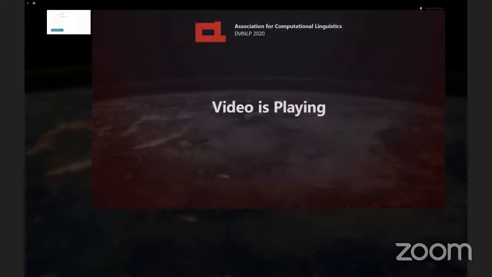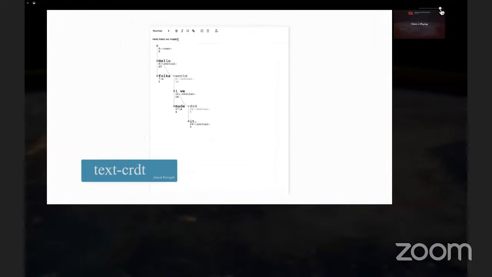There's also a lot of work going on with CRDTs right now, conflict-free replicated data types. This is a demo by Jared Forsyth, where he talks about what happens if you edit a document in the middle versus at the end. There's also undo, which is a huge part of text editors, and it always seems to be bolted onto the end in an awkward way.